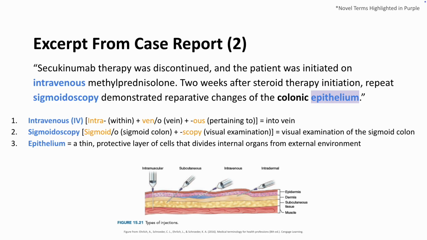Sigmoidoscopy: sigmoido as in sigmoid colon. I was curious what the root for sigmoid is and searched it up. Basically, it means the shape of the Greek letter sigma.